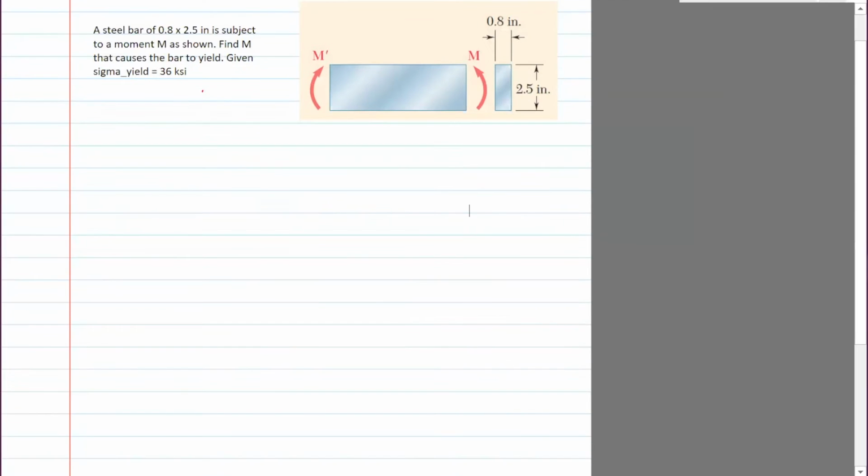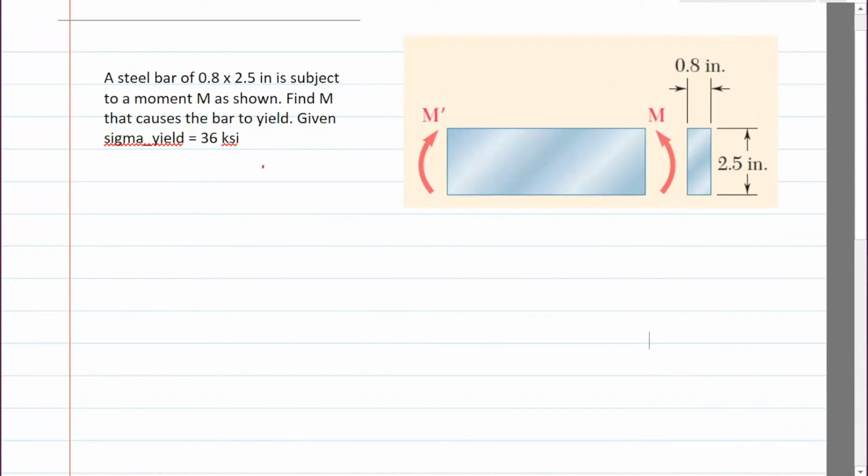This is an example problem, a simple problem where you'll see how to apply these formulas. Sigma y equals 36 KSI.